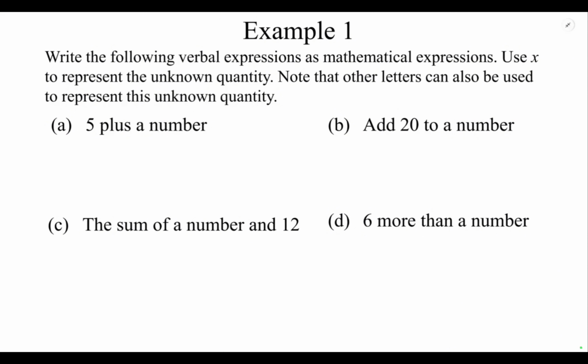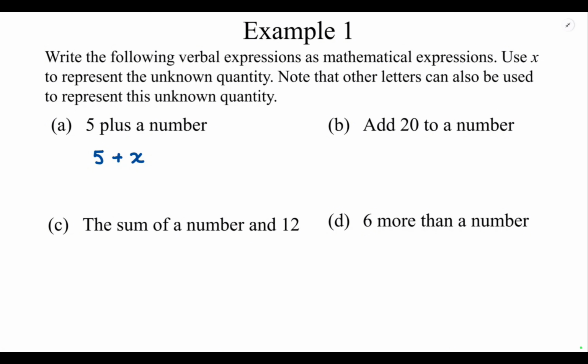So the first one we have is 5 plus a number. Now, we understand the unknown number is X. So when we look at this, we write it just the way we see it. So it'll be 5 plus X, where X is that number. Now for B, it says add 20 to a number.